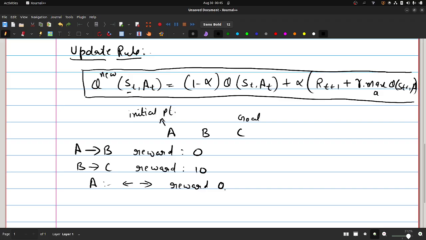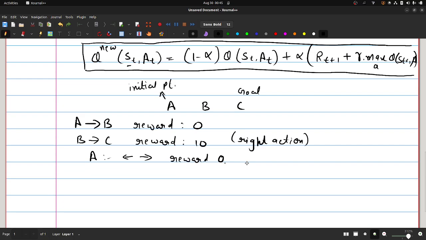You will only get the reward when you go from B to C, or you can say when you take the right action at B. Otherwise, you will not get any reward. So this is our basic example.